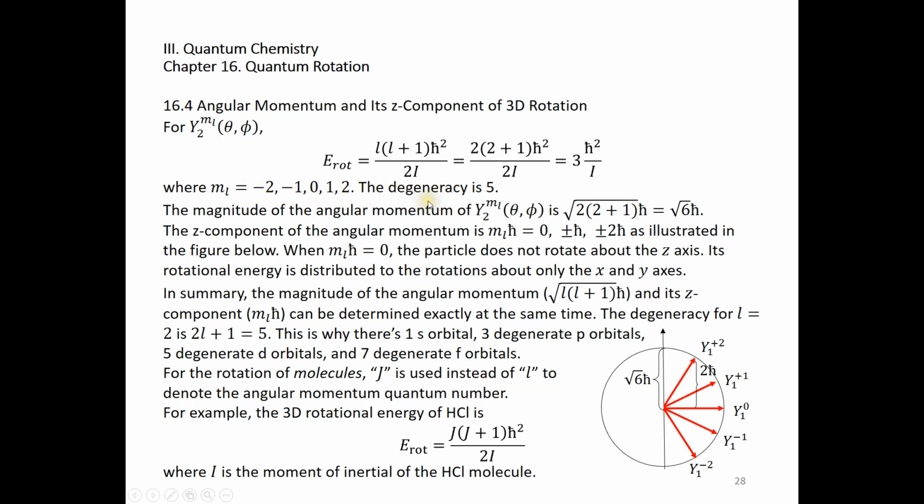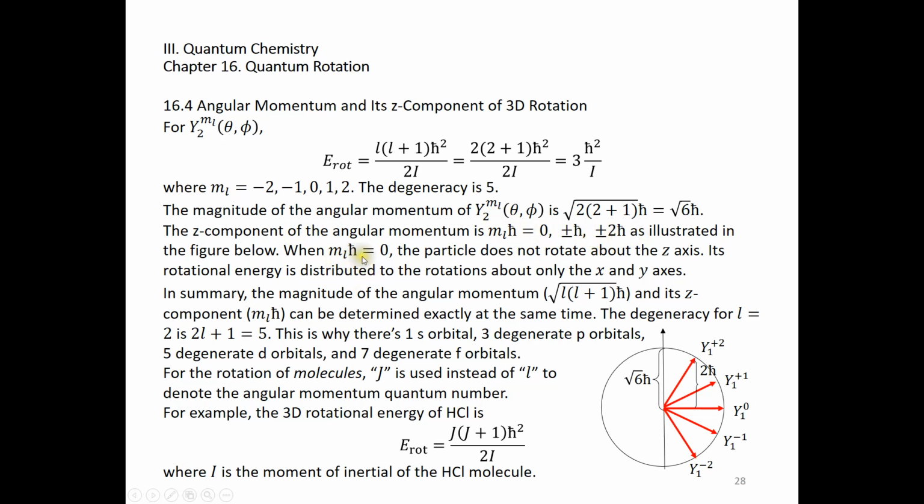They share the same energy, or specifically, they have the same rotational energy. The magnitude of the angular momentum, again, we just use this equation. It's square root of 6 times h bar. The z component is m sub l times h bar. Therefore, the value can be 0, plus minus h bar, or plus minus 2h bar.